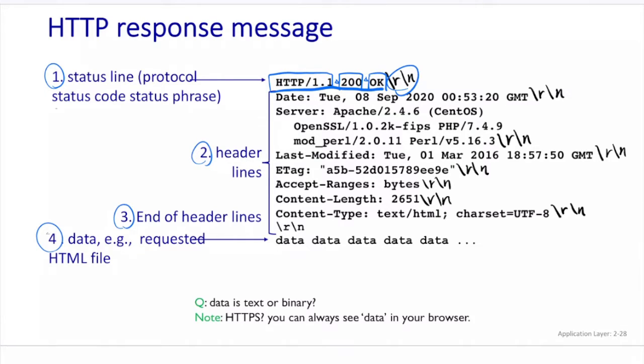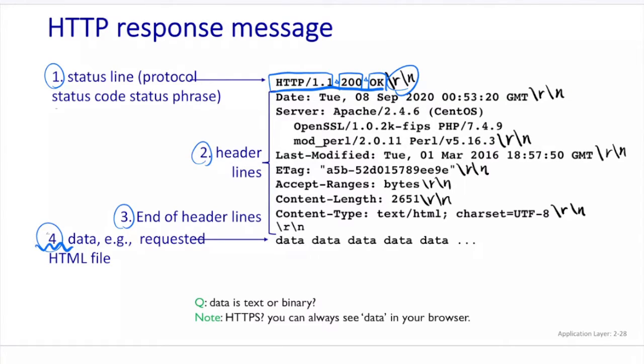That means 200 OK indicates that the response message is OK, and all the following messages returned to the client are at the fourth part of this response message. Okay, and of course there are certain different status codes and status phrases. We will look at the protocol spec later.